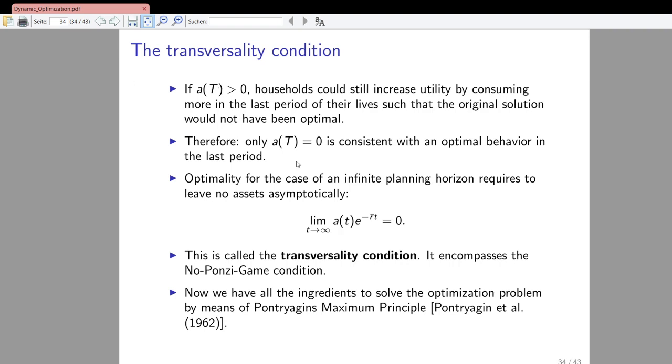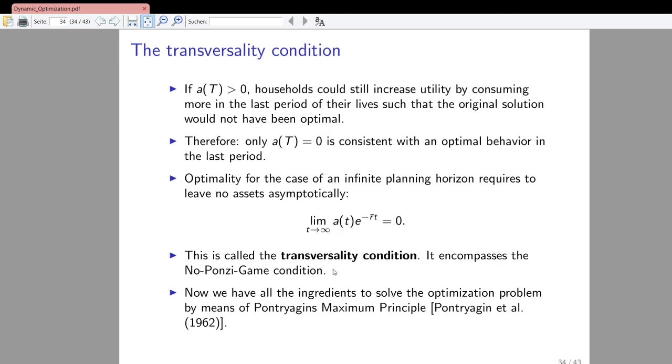So only a level of assets in the final period that is equal to 0 is consistent with optimal behavior. And again, the equivalent formulation for an infinite planning horizon is that the limit of the amount of assets multiplied by the discount factor as time goes to infinity has to be equal to 0. So that's basically the transversality condition.